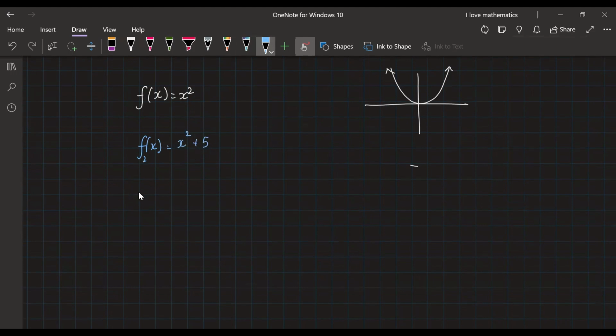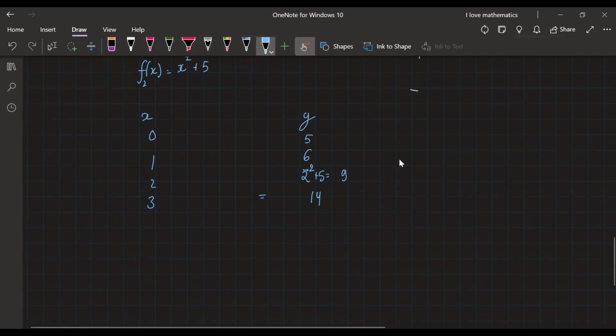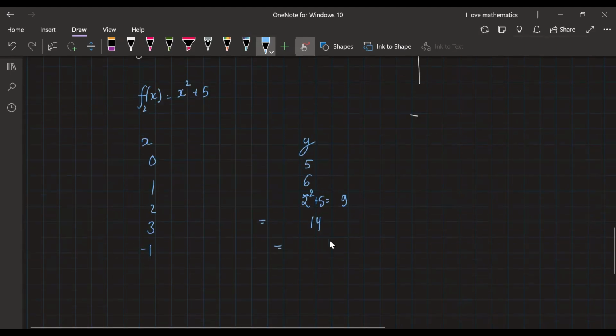Let us plot values of x and y. At x equals 0, we get 5. At x equals 1, we get 6. At x equals 2, we get 2 squared plus 5, which is 9. At x equals 3, we get 3 squared plus 5, which is 9 plus 5, which is 14. At x equals minus 1, we get 5. At x equals minus 2, we get minus 2 whole squared, which is 4 plus 5, which is 9. At minus 3, we get 14.